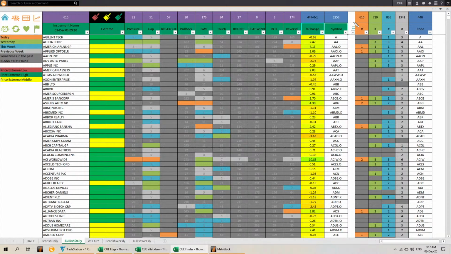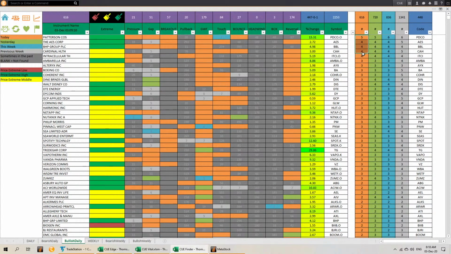Now, what are the last few columns? These are giving me the consolidated number of signals. Again, orange color is today, green is up to yesterday, blue is up to this week.